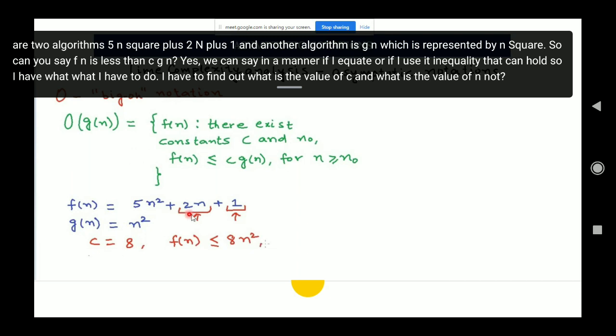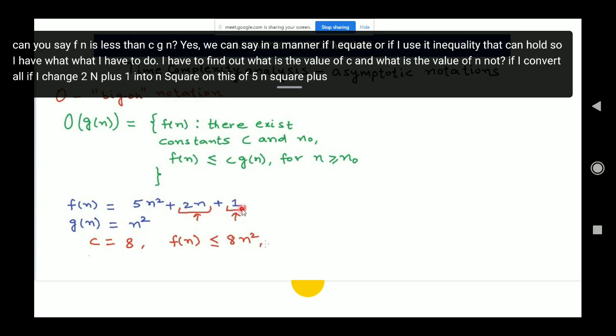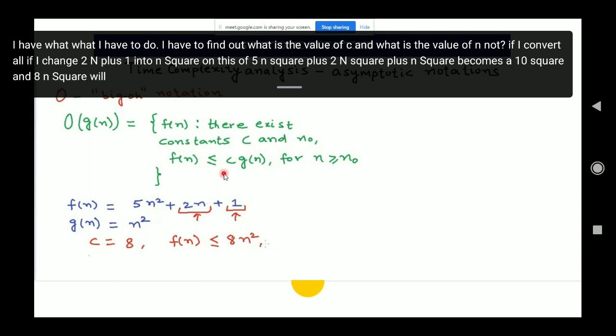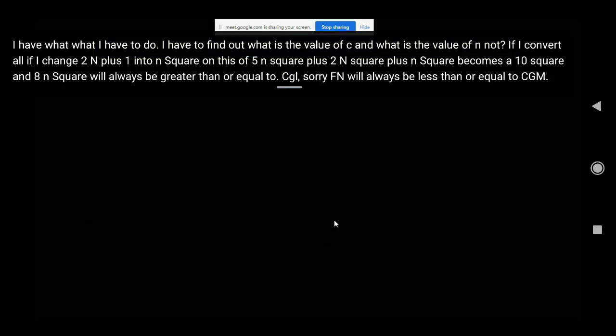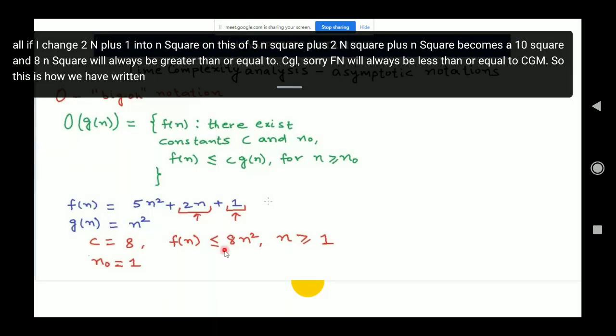If I convert 2n plus 1 into n square only, so 5n square plus 2n square plus n square becomes 8n square, and fn will always be less than or equal to cgn. So this is how we have written fn is always less than or equal to cgn, for the values n greater than or equal to 1.